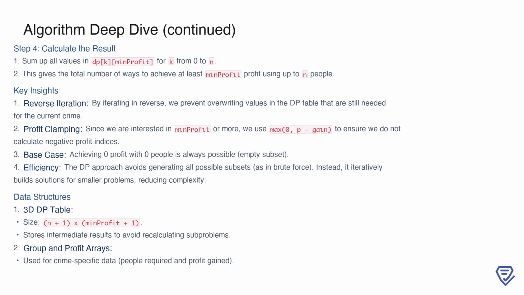Third, the base case, achieving 0 profit with 0 people, is the foundation of this dynamic programming approach. Finally, the DP approach significantly reduces computational complexity compared to a brute force method, as it builds solutions incrementally. Additionally, the group and profit arrays are used to represent the crime-specific data, while the 3D DP table efficiently stores intermediate results to avoid redundant calculations.